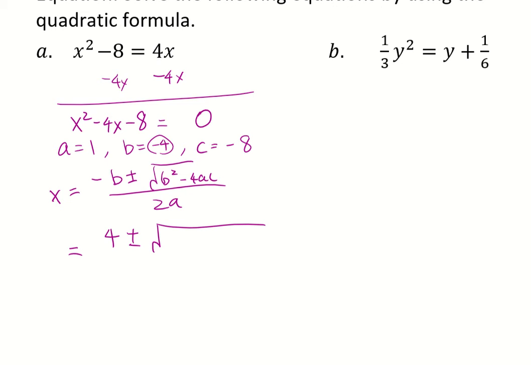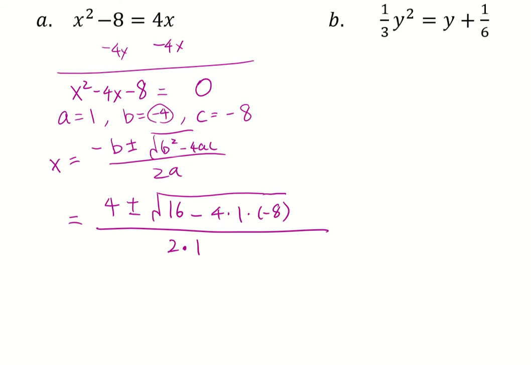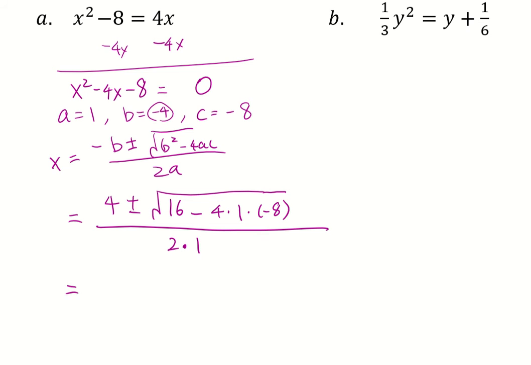B squared is negative 4 squared, which is positive 16, minus 4 times a is 1, c is negative 8, all over 2 times a is 1. Okay, now let's simplify this formula. 4 plus or minus square root of, okay, so it's 16 plus 32. That is 48 over 2.